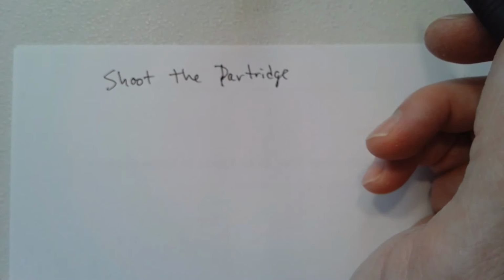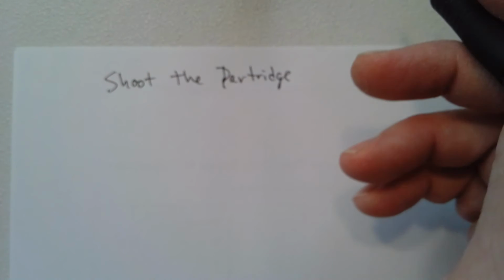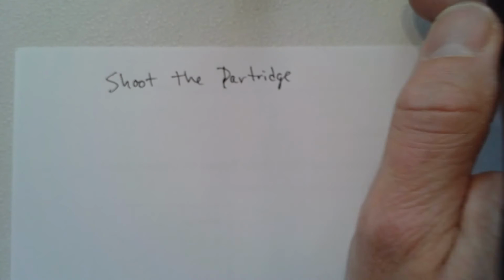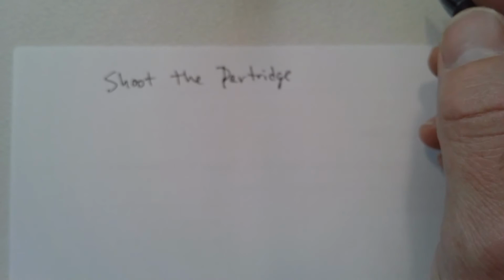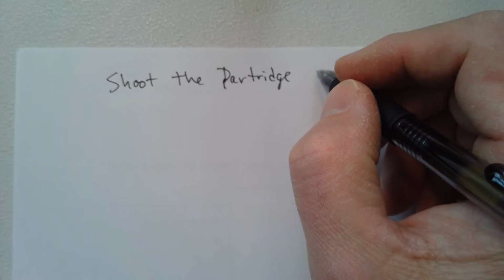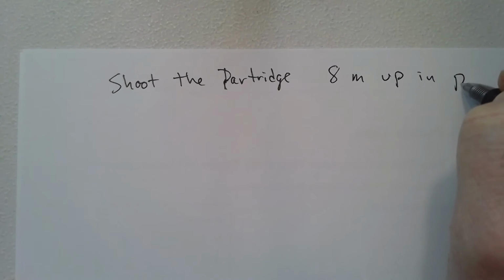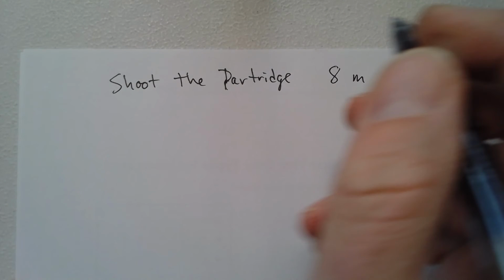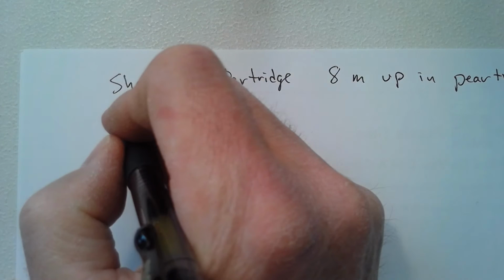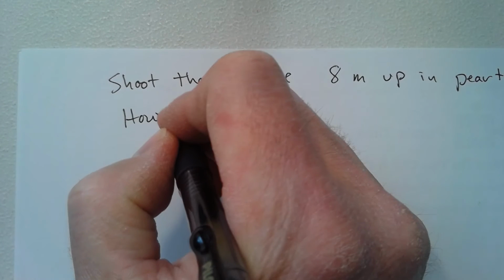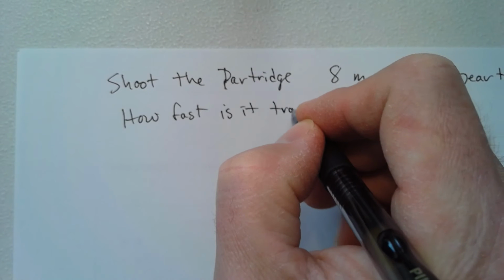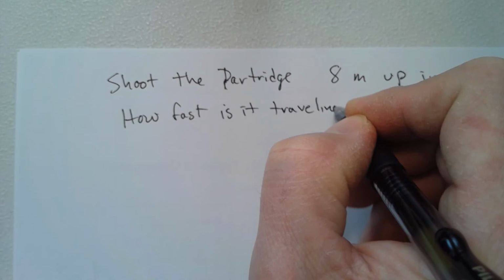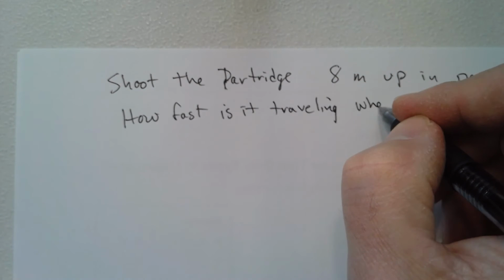We shoot it with a rubber band and just temporarily knock it unconscious, but then it lives. But it does fall to the ground. So shoot the partridge, and let's say it's 8 meters up in the tree, in the pear tree. My question is, how fast is it traveling when it hits the ground?